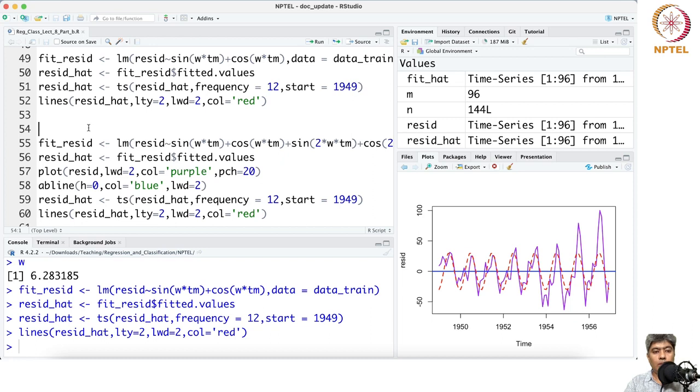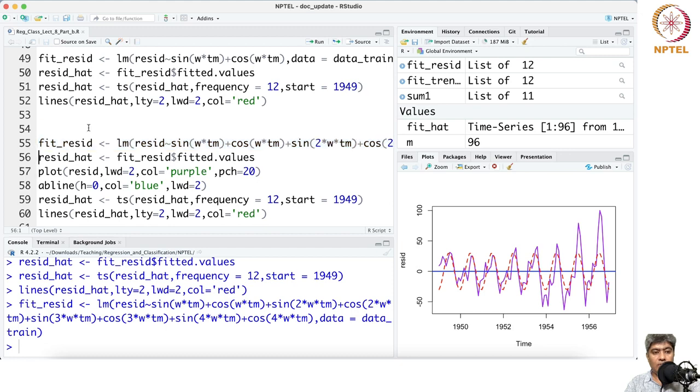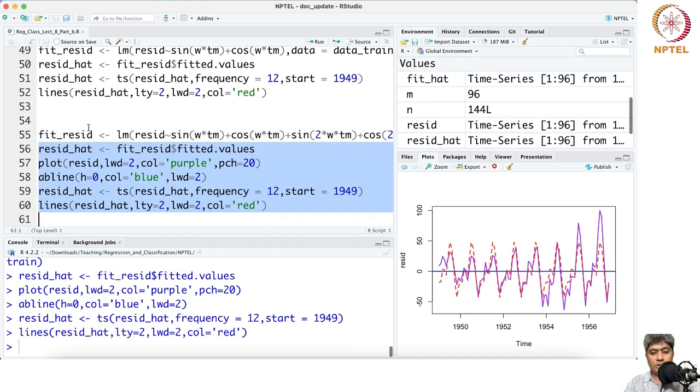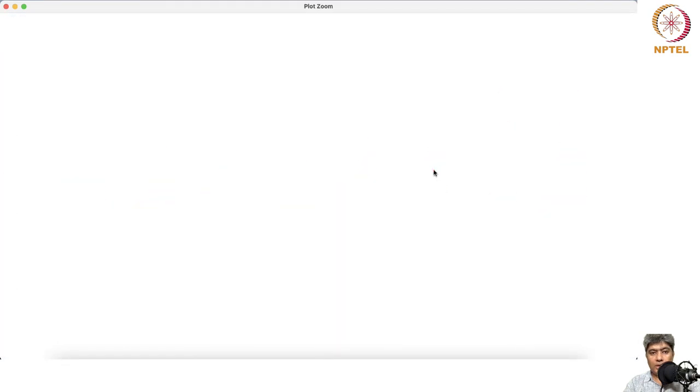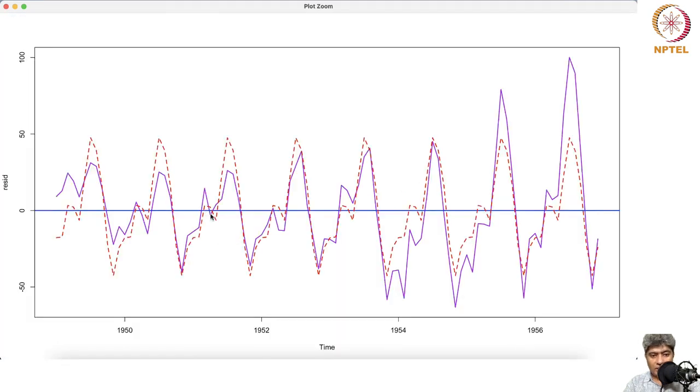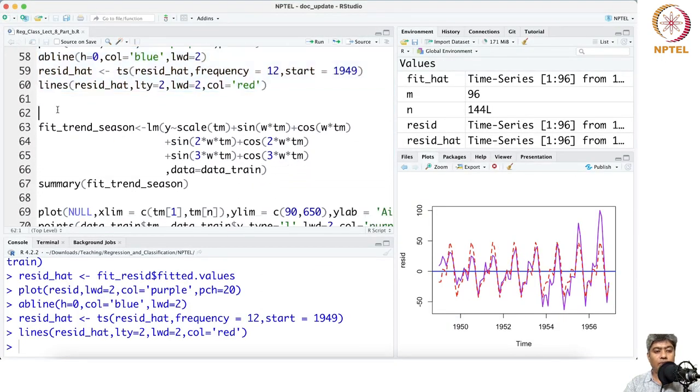Now then we fit a second order residual Fourier transform, and we plot this, and now you can see that this red curve is actually trying to capture this local seasonality. This local seasonality is trying to be captured by the second term Fourier.